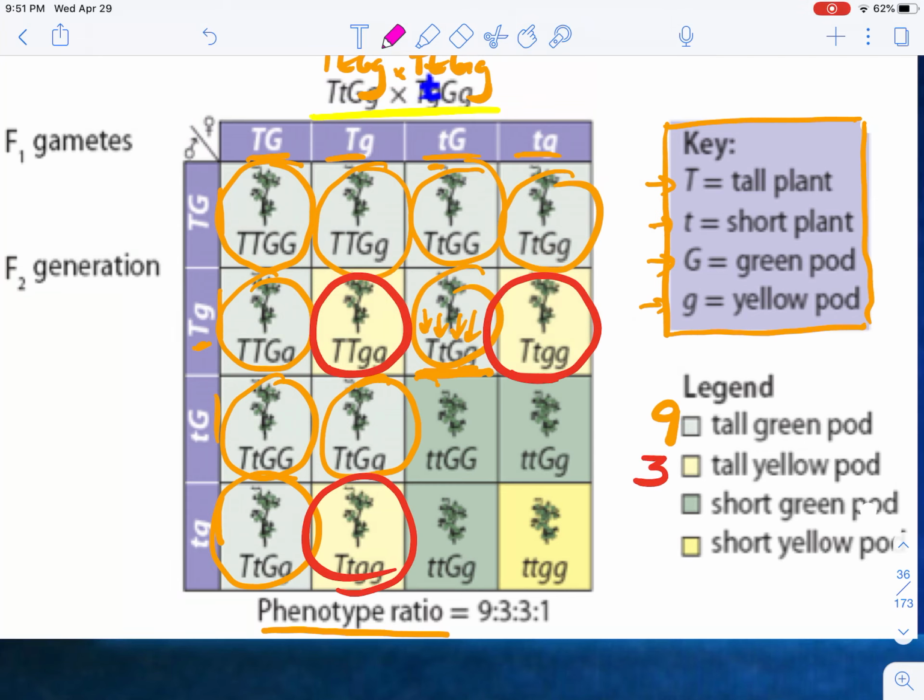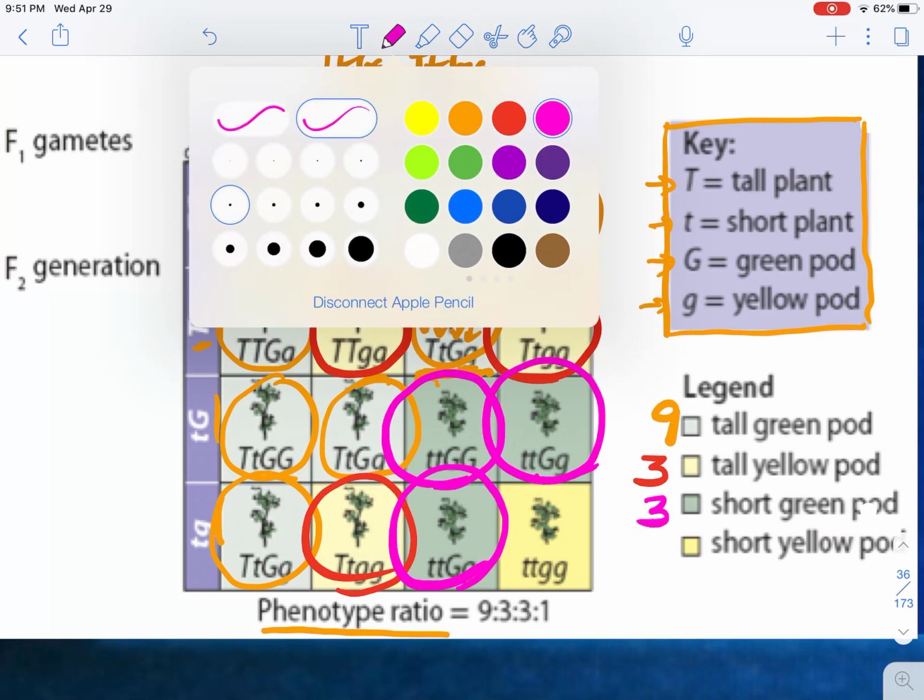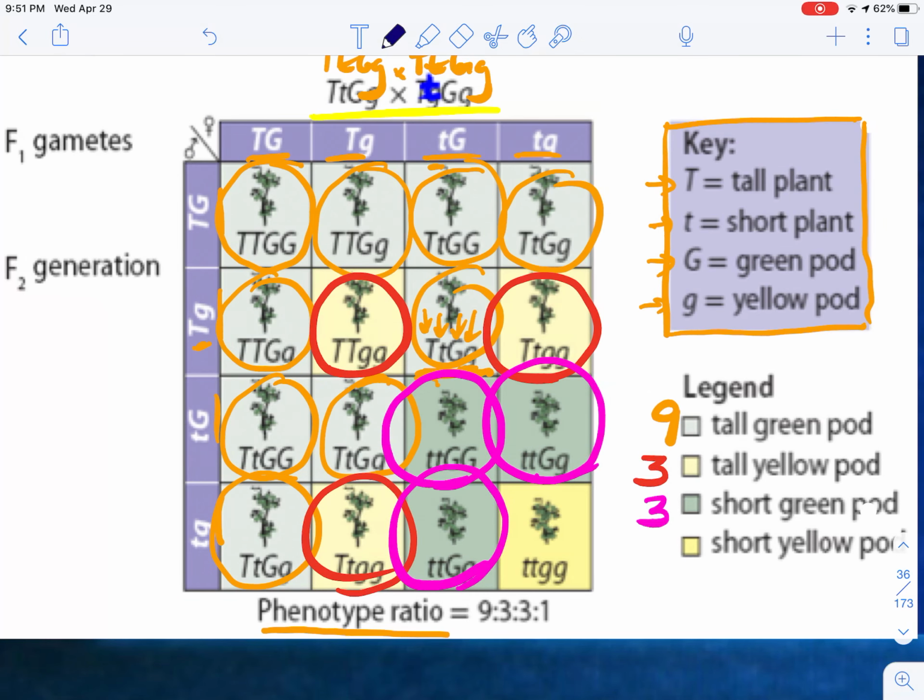So tall and yellow, we have 1, 2, 3 tall yellow. Go to the next one. It would be the short green ones. There are 3 of them. And then all we have left is 1 that ends up being short yellow, recessive.